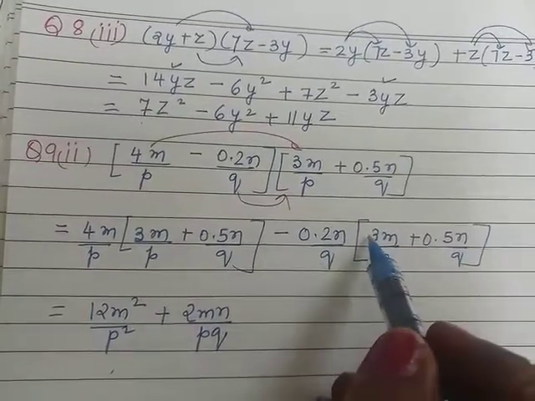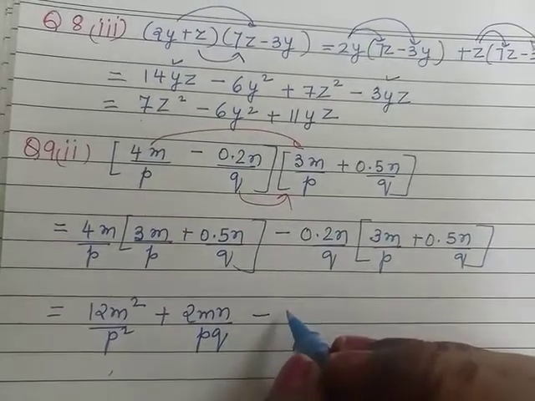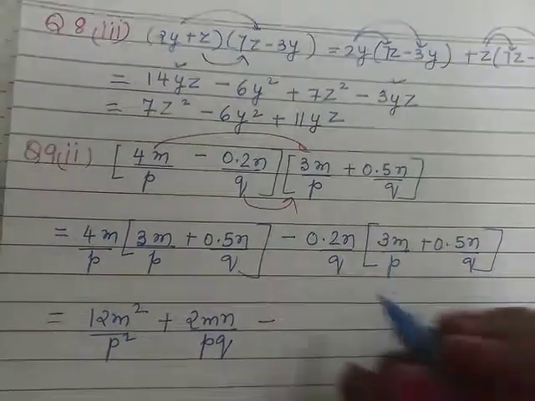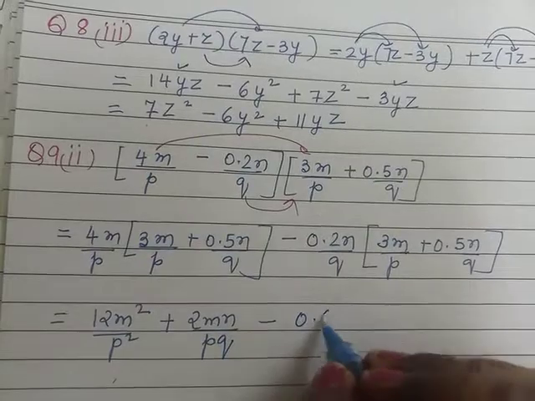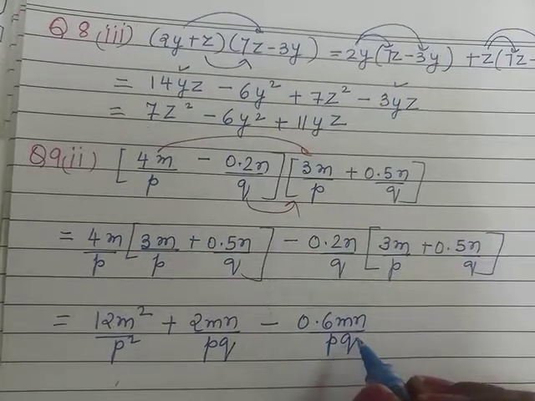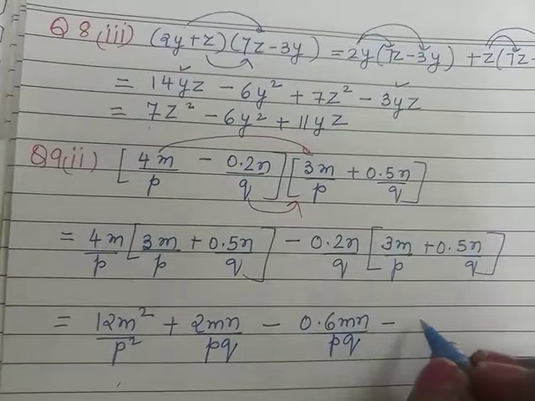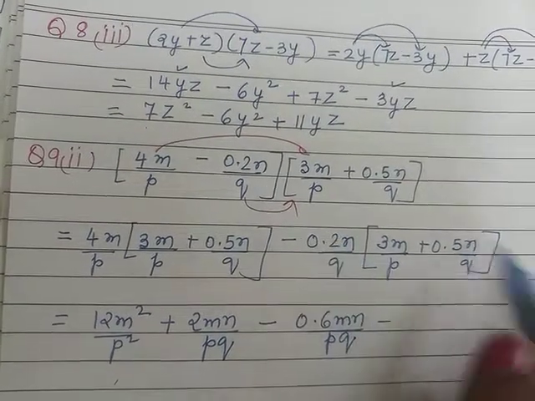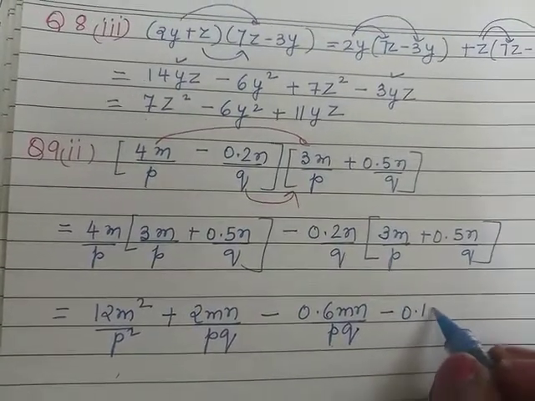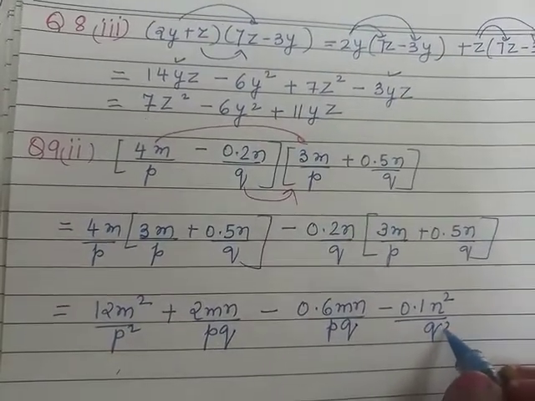Now minus and plus, it is going to be minus 3 into 0.2 will give you 0.6, m into n will give you mn, and p into q will give you pq. So that becomes 0.6 mn into pq. Minus and plus will give you again minus 5 2s is 10, and decimal after 2 places, so that will give you 0.1. n into n will give you n square, q into q will give you q square.